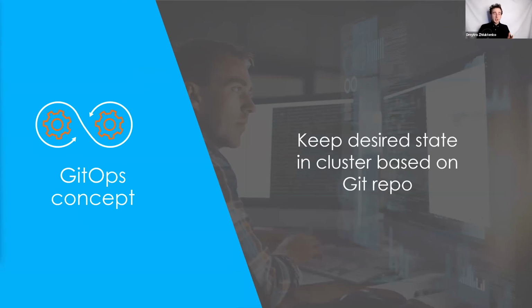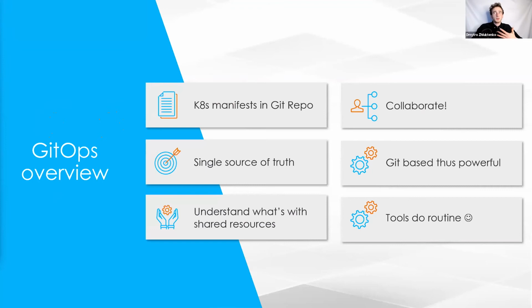So if you change anything in the Git repo, the changes are propagated to your Kubernetes cluster or to your Docker environment. So anything you change on Git gets propagated, and this is an effective way of collaborating, because that's the whole idea of Git.